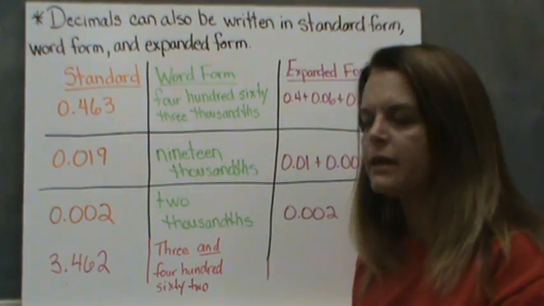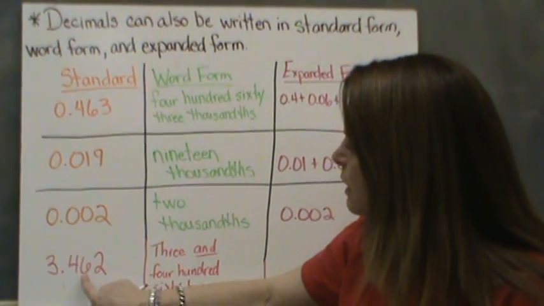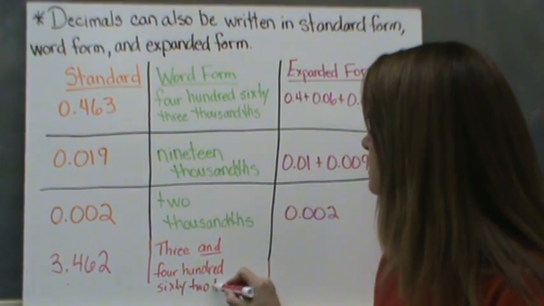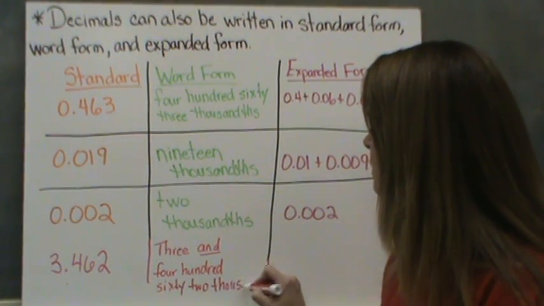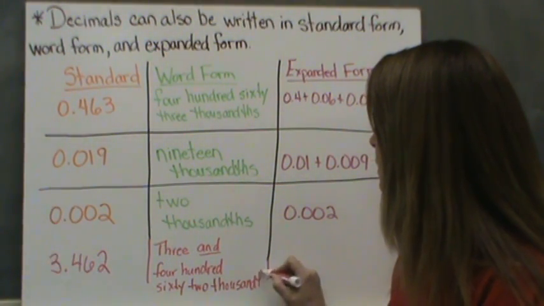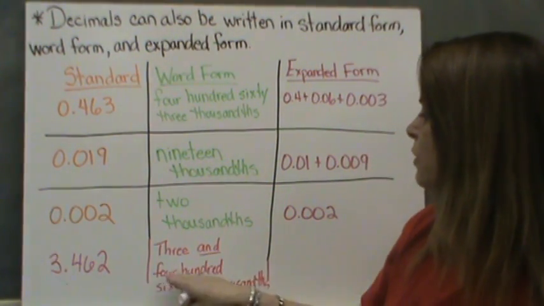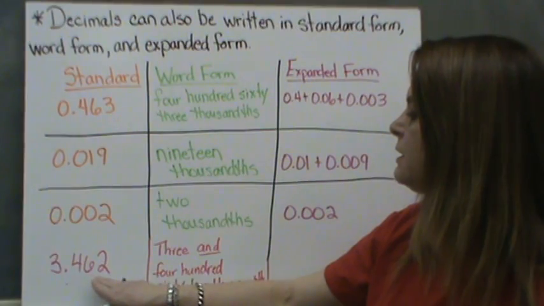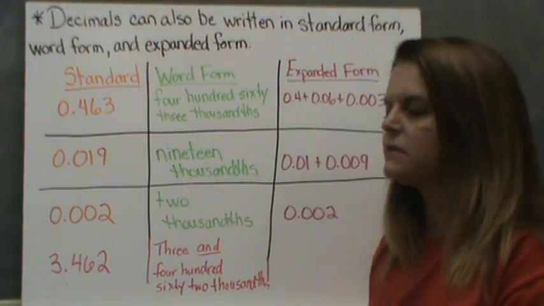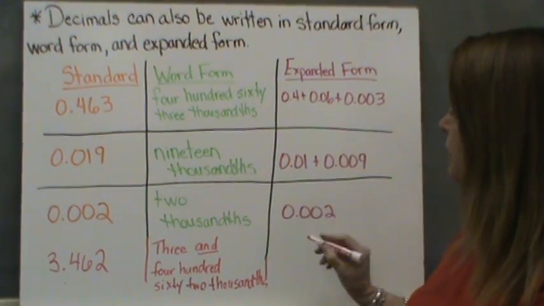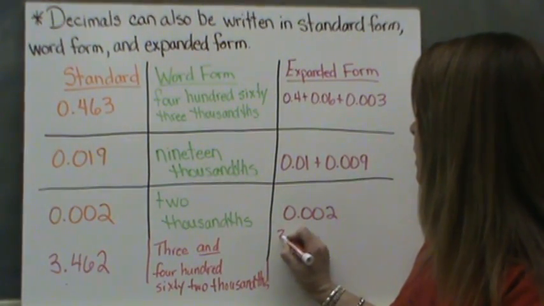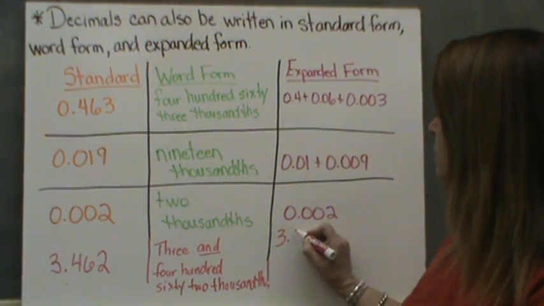And what place is that 2 in? Tenths, hundredths, thousandths. So I'm going to read this as 3 and 462 thousandths. In expanded form, I'm going to say 3, and I can put a decimal after it.